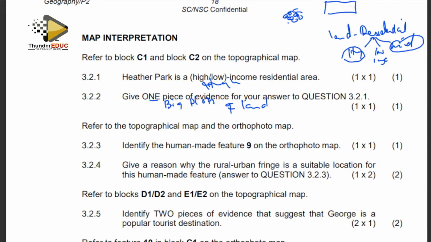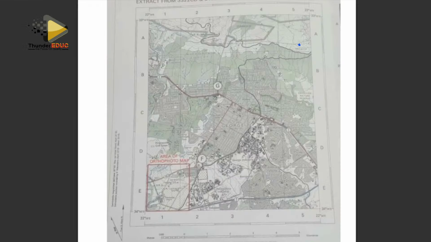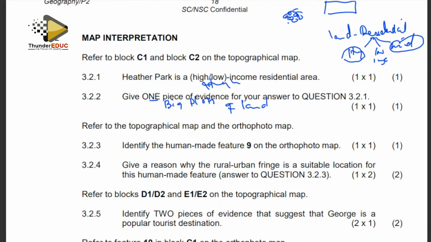When you look at it, let us go to the map and check again. What evidence do we have? We have got a golf course here. There's a golf course here. And that means it's high income earners, because rich people are normally the ones that play golf. You understand? Rich people like us. So we get to understand that golf is a game for the rich.